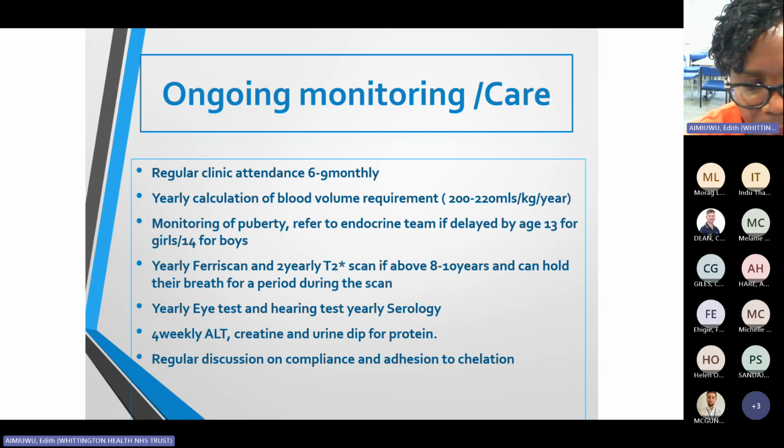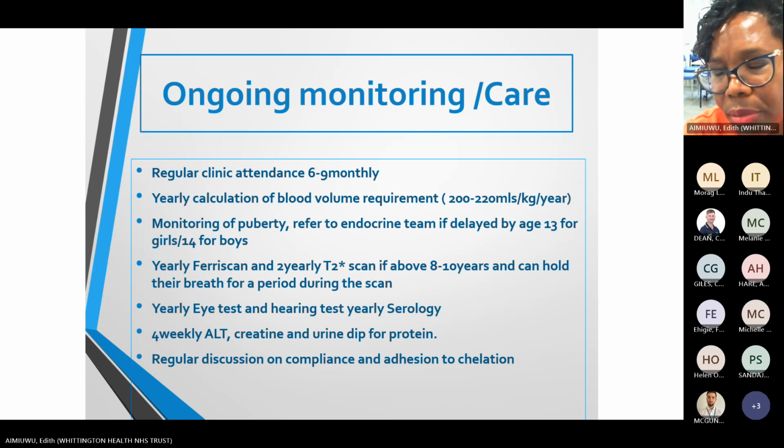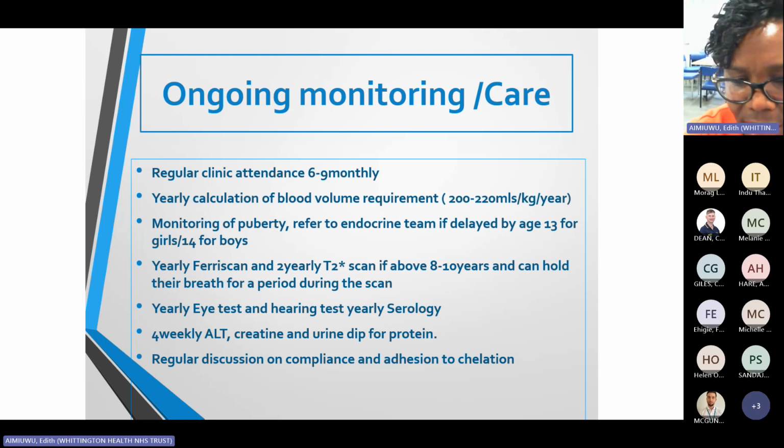Then we monitor for puberty as well. We refer the boys at the age of 14 if there is any delay in puberty, while the girls are referred at the age of 13 to the endocrine team. We have the endocrine team based in our hospital as well, where they can be seen and monitored.